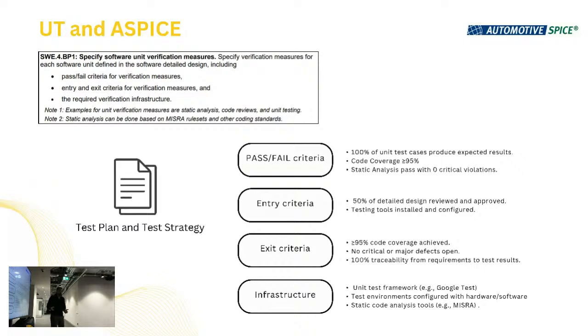We are speaking about pass and fail criteria, the same about entry criteria, exit criteria, infrastructure. So we have different measures to verify each point. This is requested by ASPICE. I put examples here, but there could be others. The important thing is that we have this ASPICE best practice recommendation, and based on that, we derive measures, metrics, documents, whatever, to make sure and show that we are matching this best practice. And this is one example.